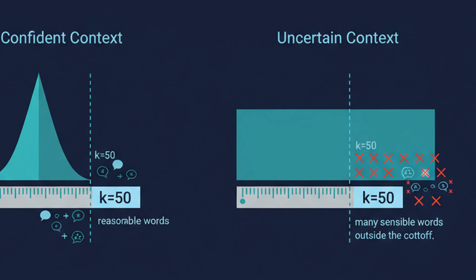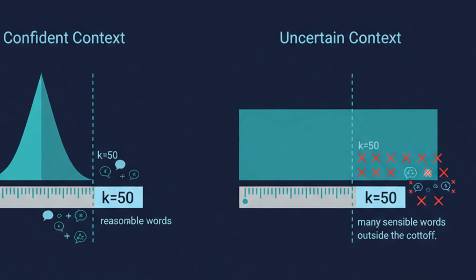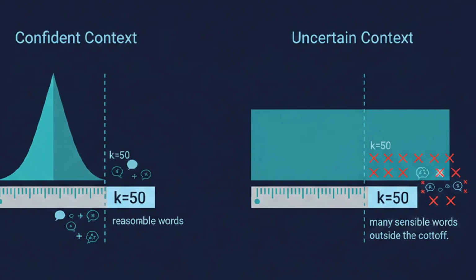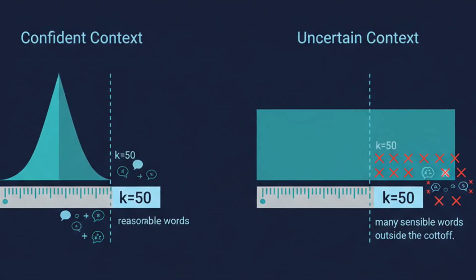Top K filtering takes a simple approach. Keep only the K most likely words, throw away everything else, then sample from what remains. Set K to 50, and only the top 50 words even get considered. This guarantees no wild outliers. But top K has a fundamental flaw. Sometimes the model is very confident.